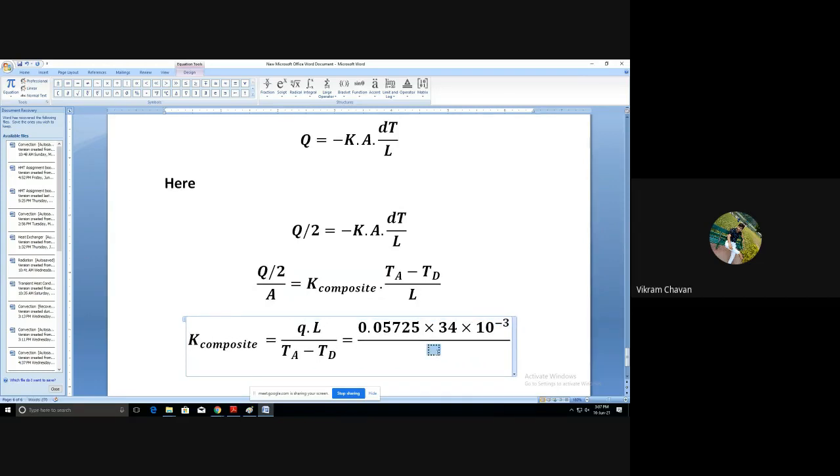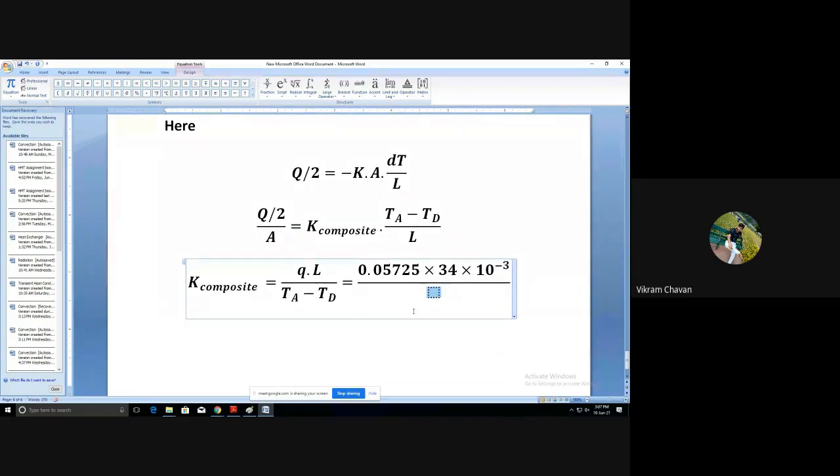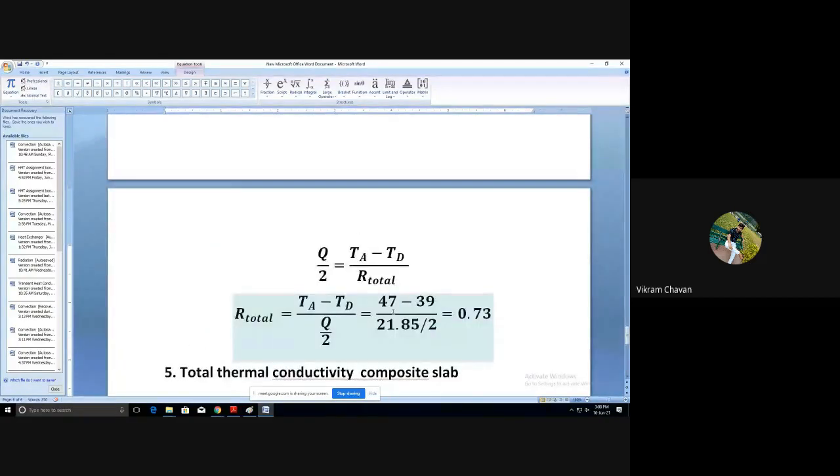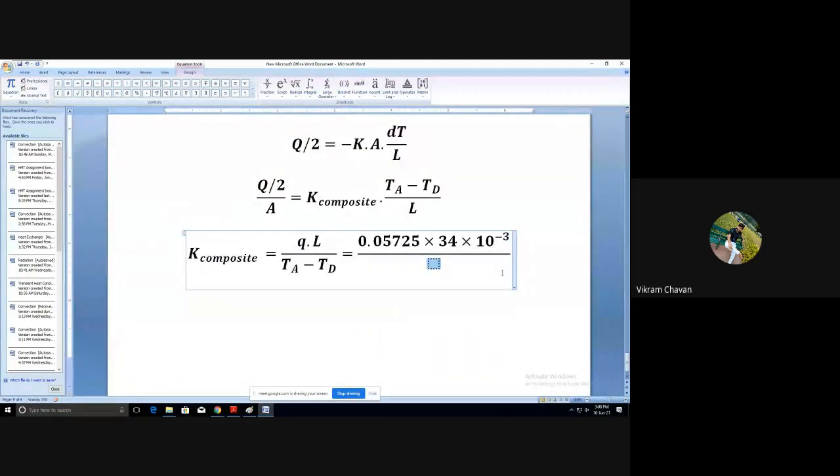Divided by Ta, which is 47, minus 39. Okay, calculate K composite.